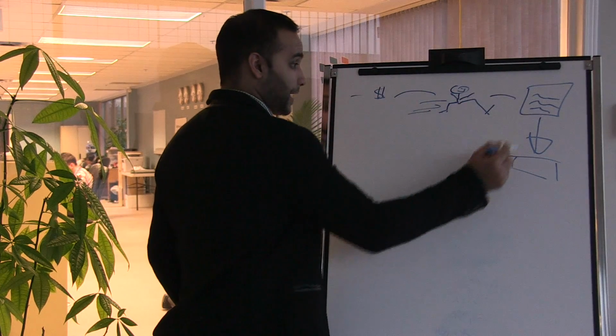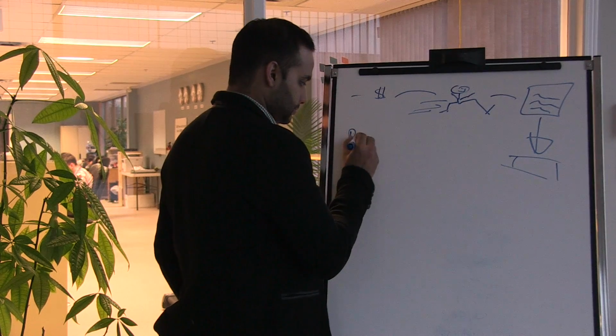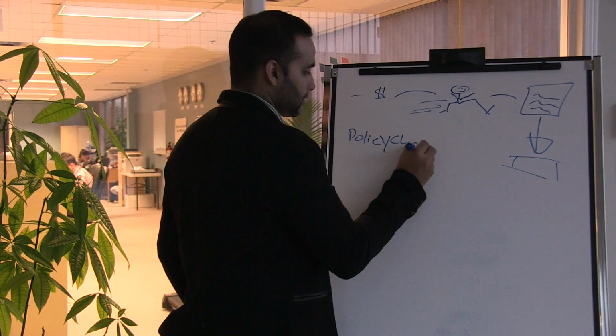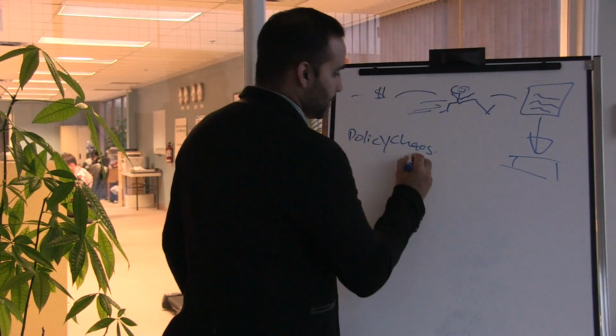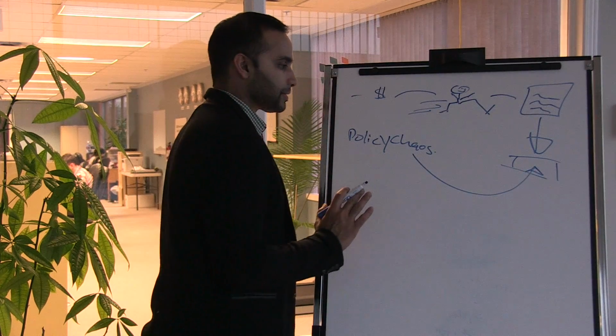And it happens so rapidly that what was formerly what we call policy chaos outside the system becomes electronic policy chaos inside the system.